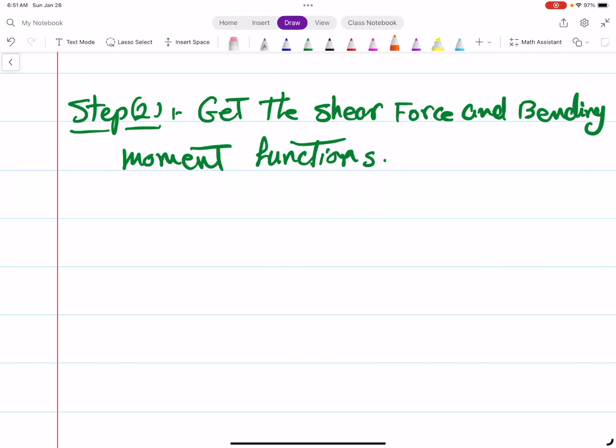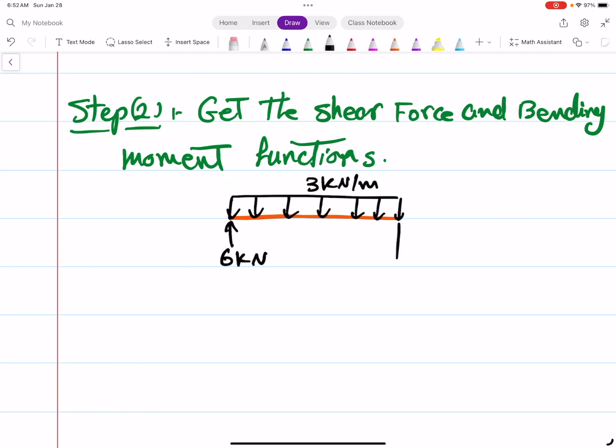So we have this beam, and now we know the support reactions. This is a distributed load, 3 kilonewton per meter, and we have here 6 kilonewton, and here 6 kilonewton.